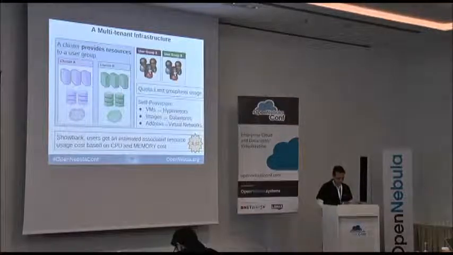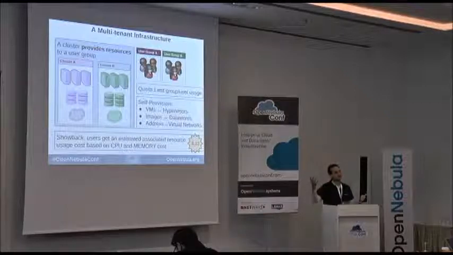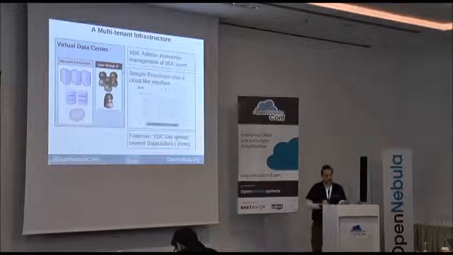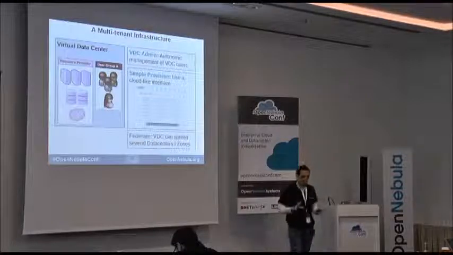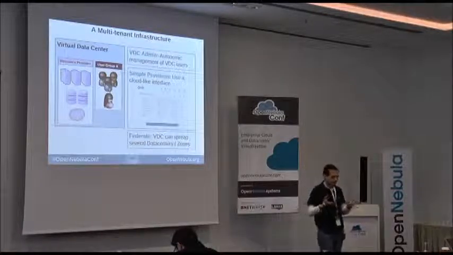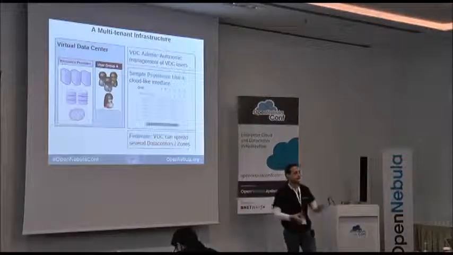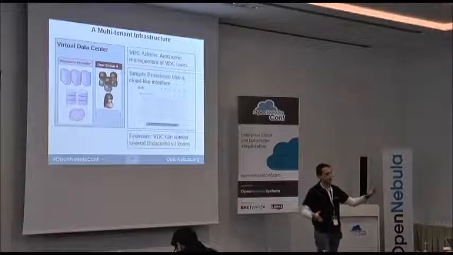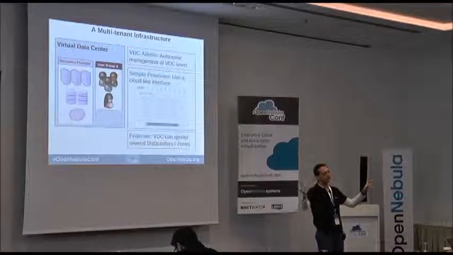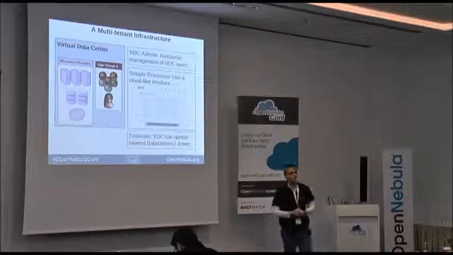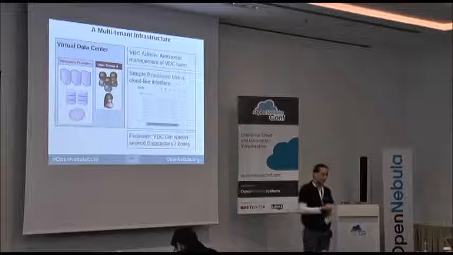Okay, on to the next one. So we have clusters, we have groups of users, and we have the ability of assigning clusters to a group. These two concepts are what we call a virtual data center. You have one or more clusters in one or more zones, and a group of users assigned to them, and that's what we call a virtual data center.